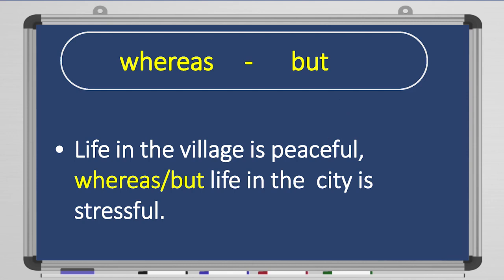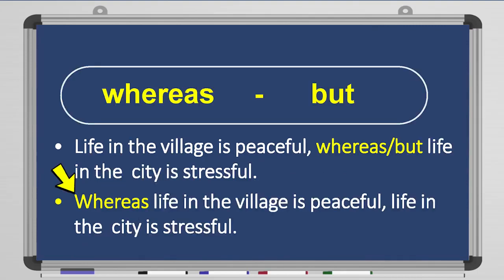This is why we're trying to show the differences. Life in the village is peaceful, whereas life in the city is stressful. Very simple, very easy. You can use whereas in the middle of the sentence and in the beginning of the sentence, as you can see in the second example. However, but can only be used in the middle of the sentence.